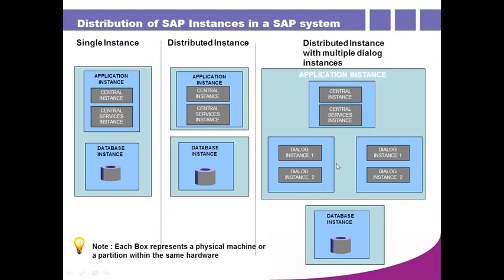Total 4 servers I have now. See, SAP 3 servers with 2 instances in a single server. Okay, and the database is on a separate server. Total 4 servers I have in this my SAP system, including the database. Okay, this also you can use, but there is no rule that you should use it like this only. It is all based on your hardware capability.